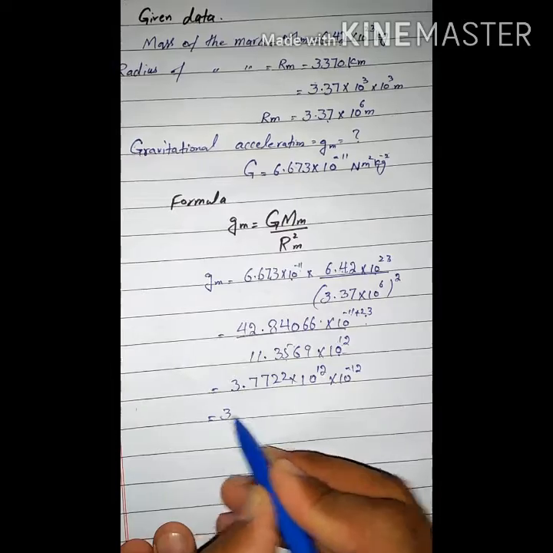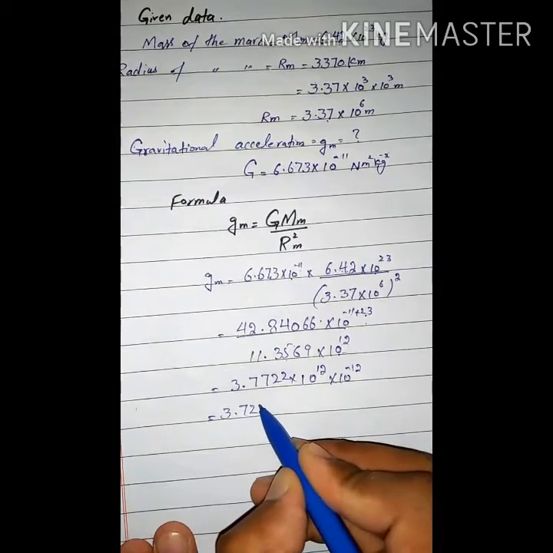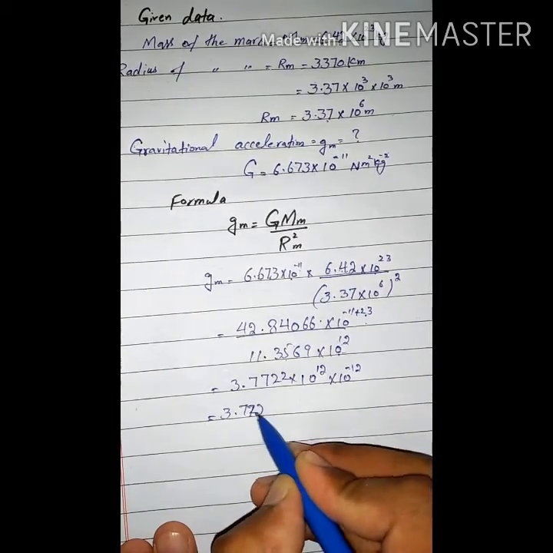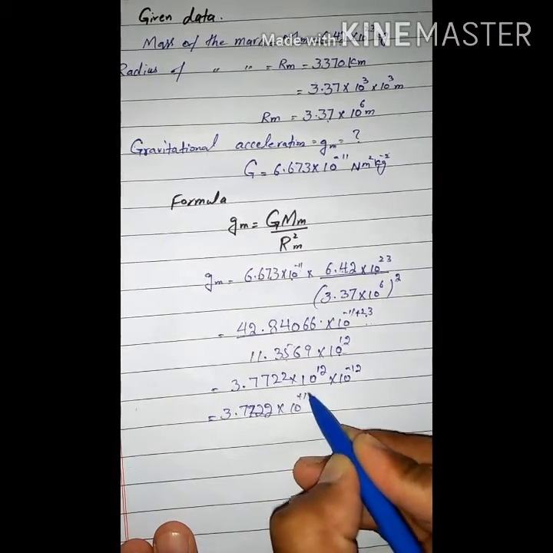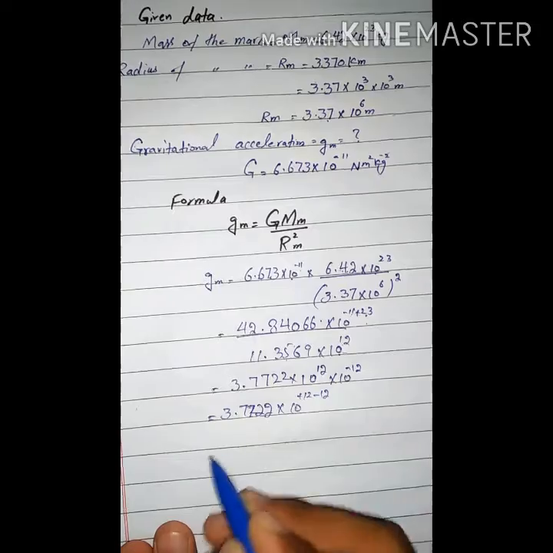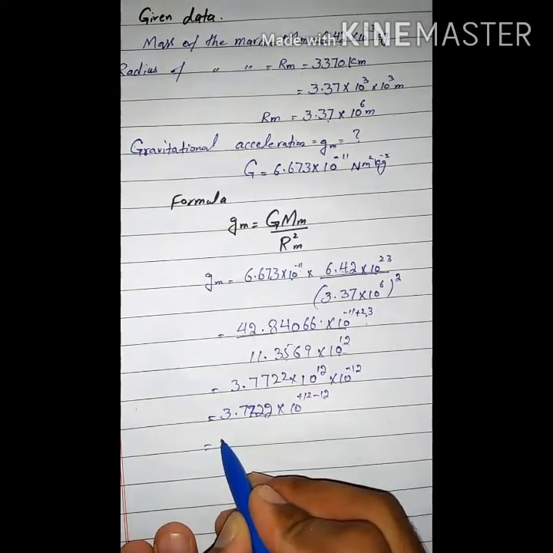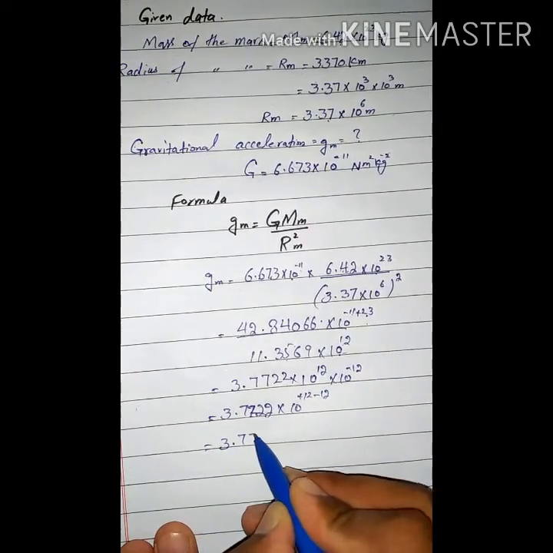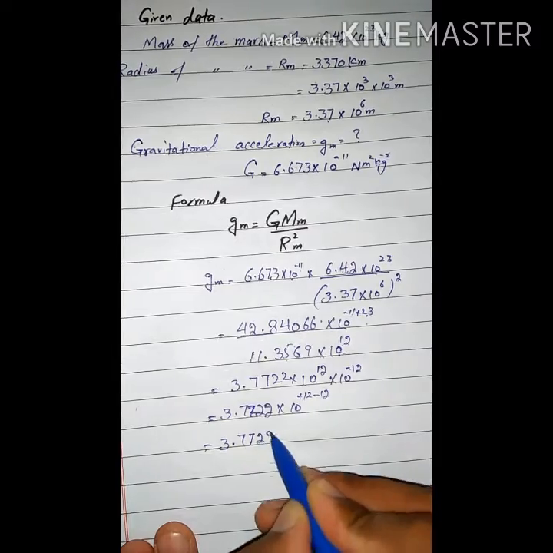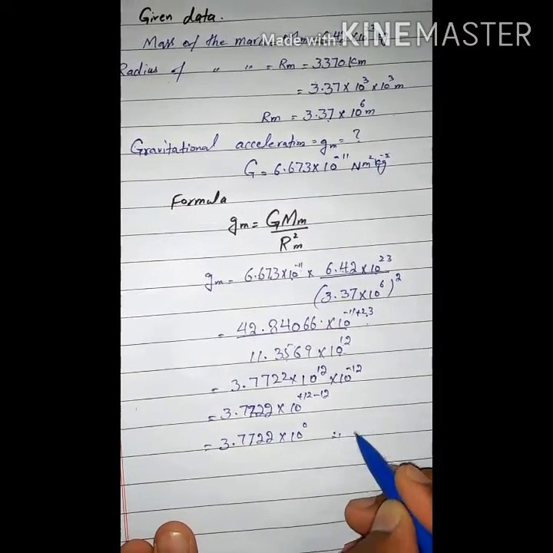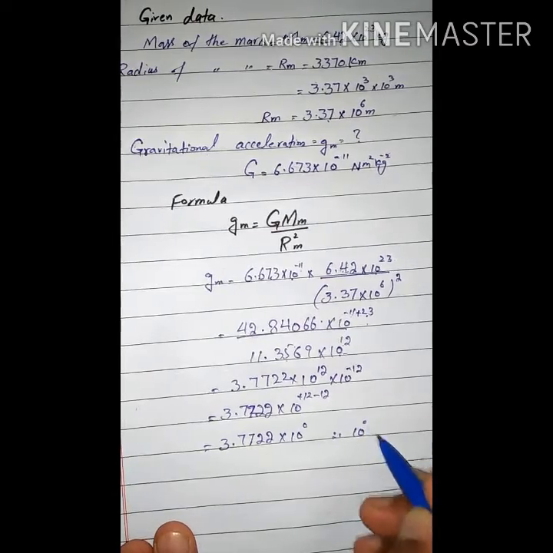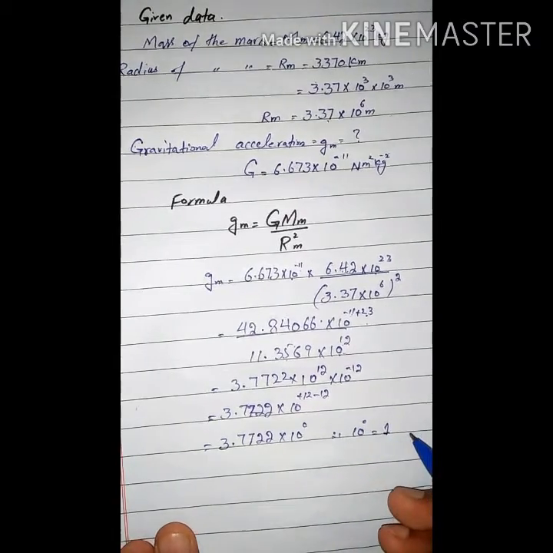So 3.7722 multiplied by 10 to the power plus 12 minus 12, so 3.7722 multiplied by 10 to the power 0. We know that when someone's power is 0, that is equal to 1.